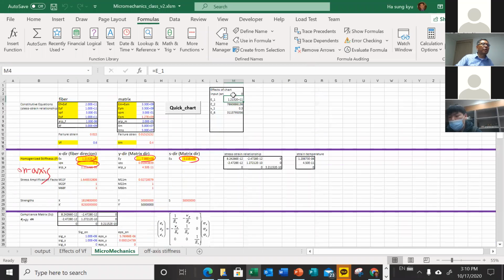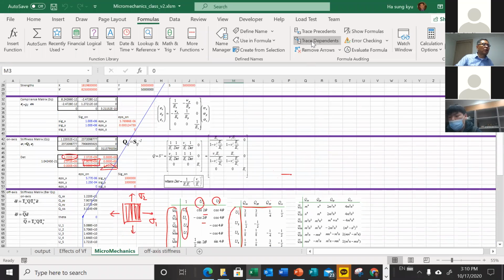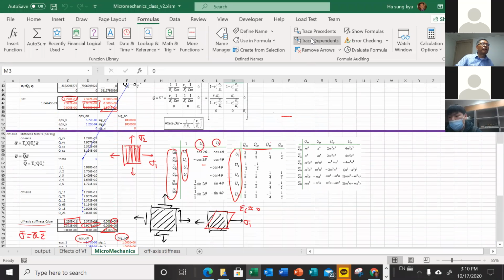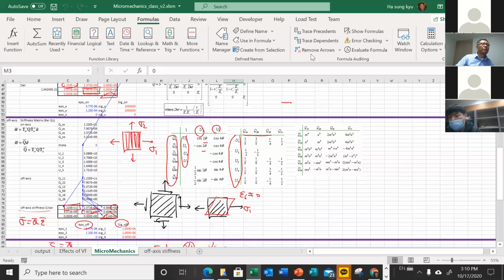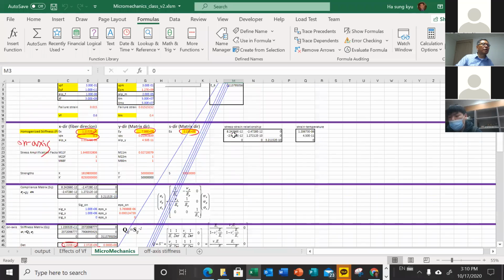Now I will do it one more time. This one goes to here, and to here, and to here, and to here, and goes to define the stiffness, and finally back to here.